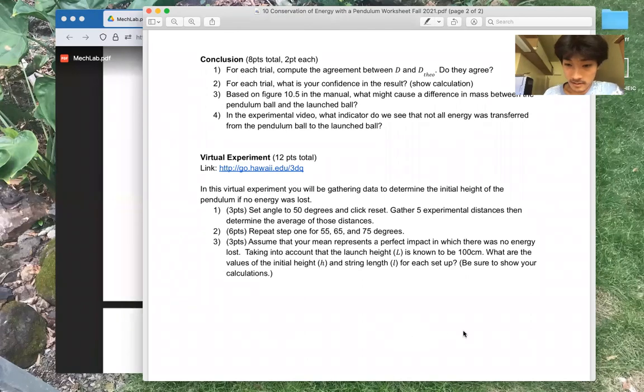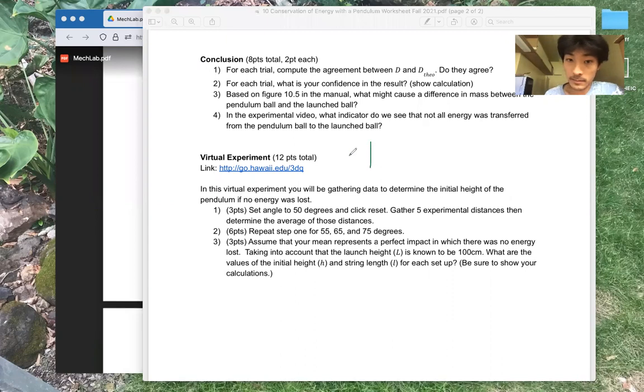We can call it S. So S equals your theoretical result, like the number you got from the theoretical calculation, minus what you got from your experiment, your expected value.